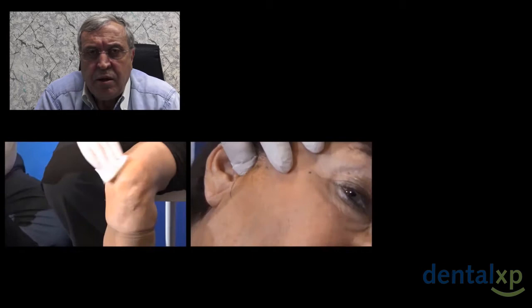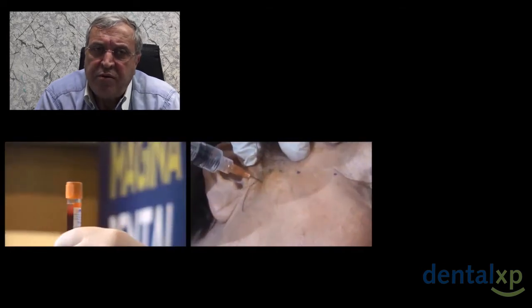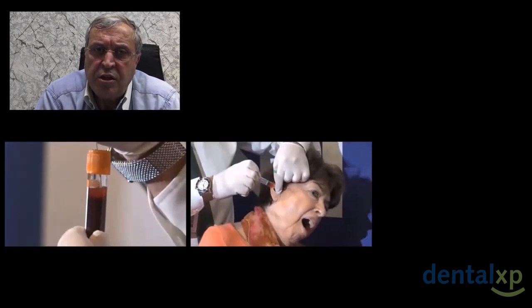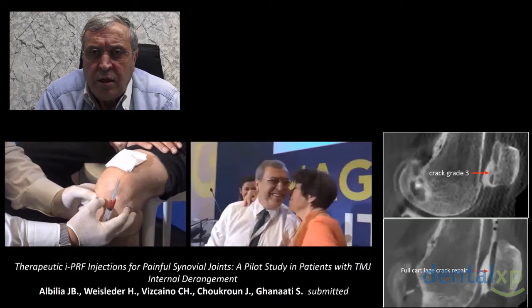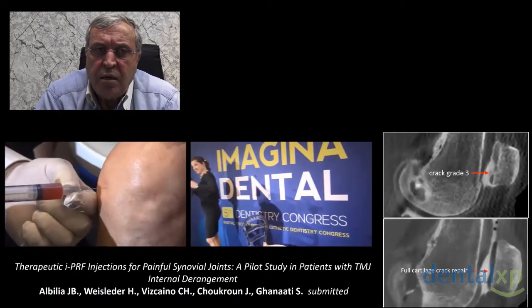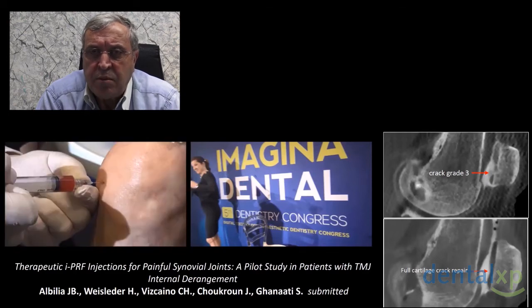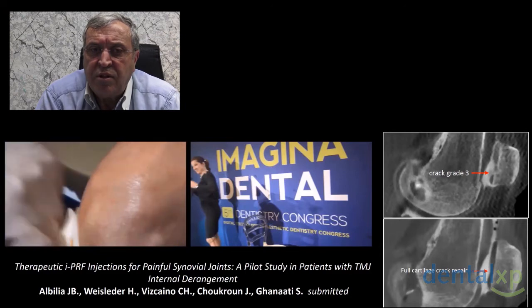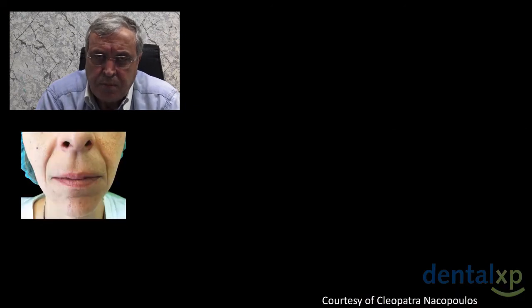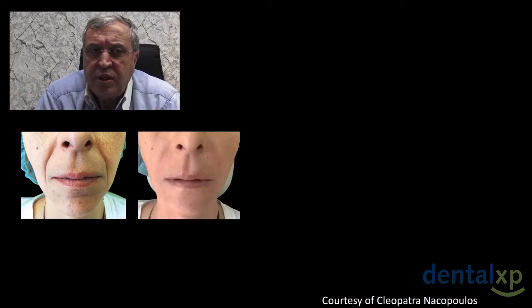We have today several indications for iPRF: injection in the knee, injection in the TMJ, and we see that we can expect a cartilage regeneration with the stem cells. Today we also use iPRF for skin regeneration and wrinkles.